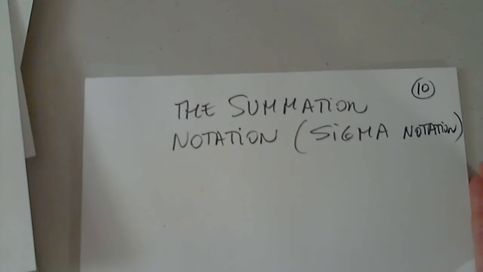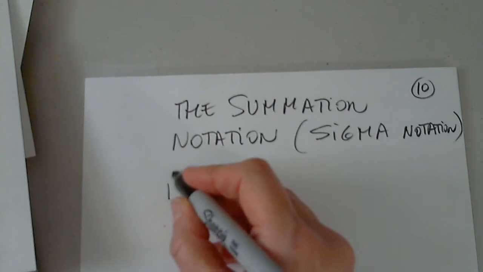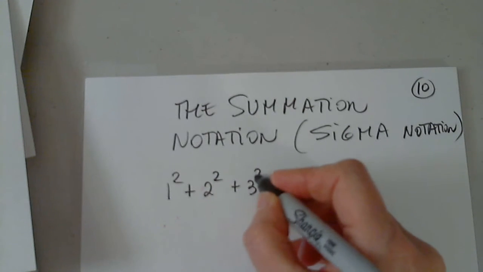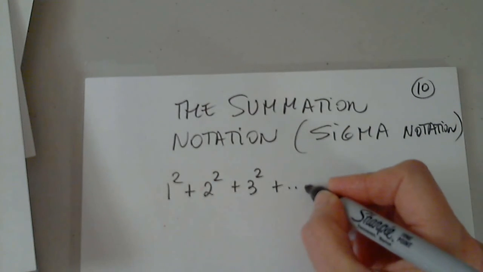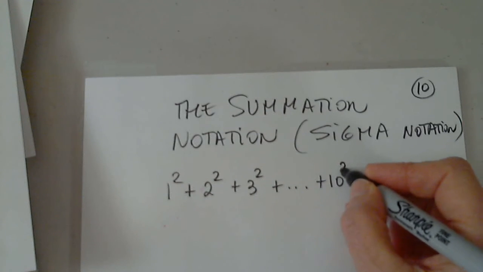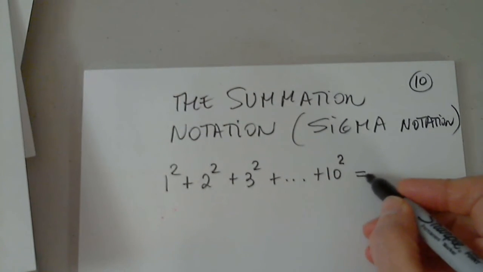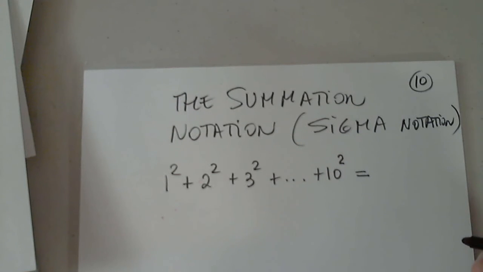Let's suppose I want to add 1 squared to 2 squared to 3 squared to, let's say, 10 squared. There is a way of writing this in a condensed form.